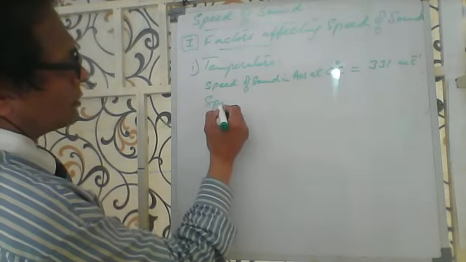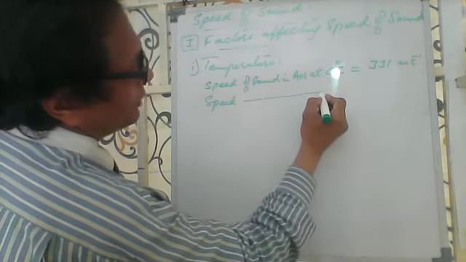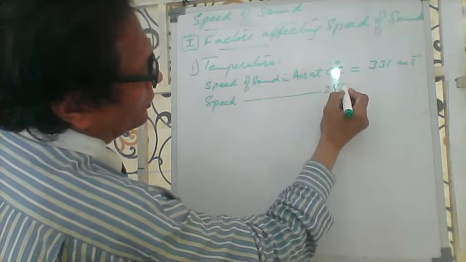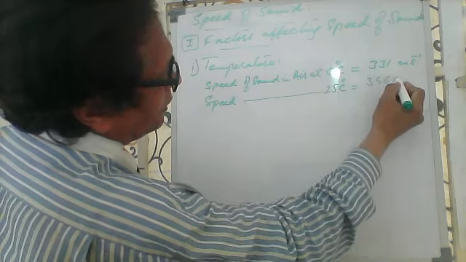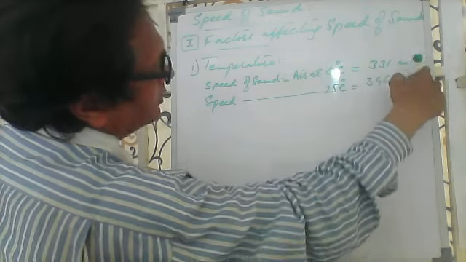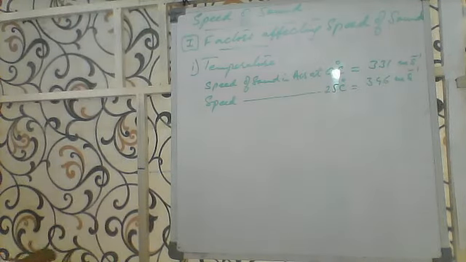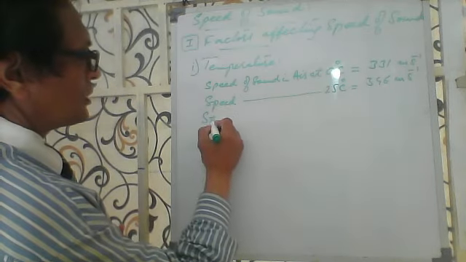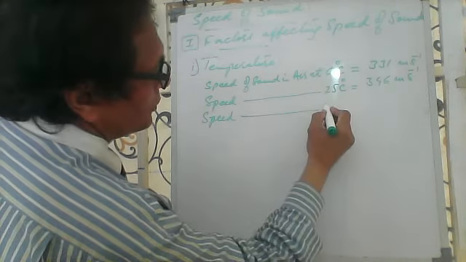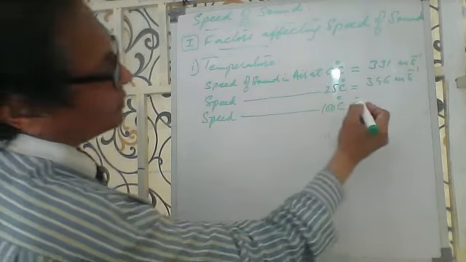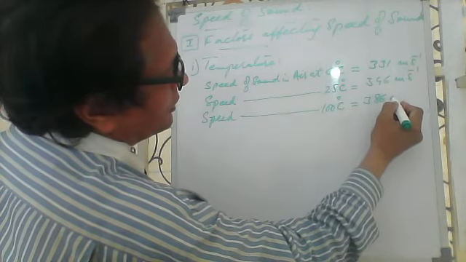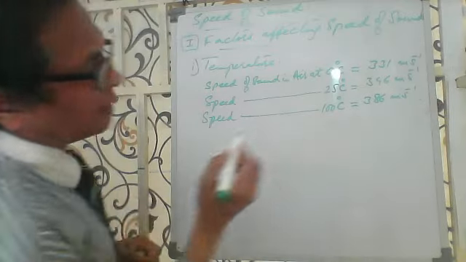Again, speed of sound in air at 25 degree centigrade is 346 meter per second, and speed of sound at 100 degree centigrade is equal to 386 meter per second.